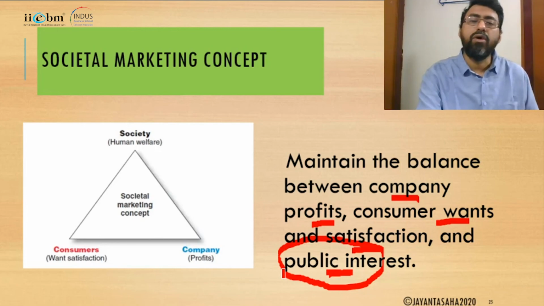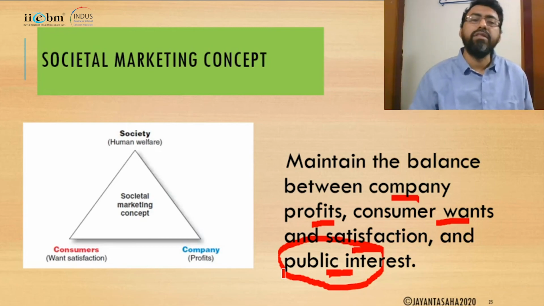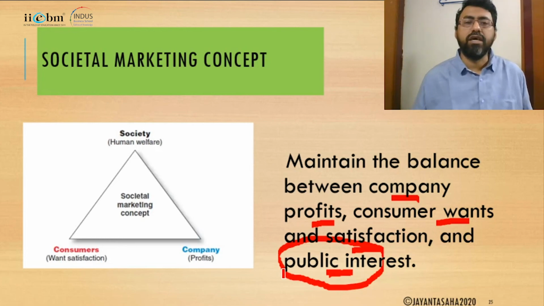So I make a lot of profits by selling petroleum products, but if it is harming the environment and in the vicinity of the factory, people are dying of lung ailments, and many of my workers are dying because their lungs are affected by the pollution, then my sustainability over a long term is basically in question.